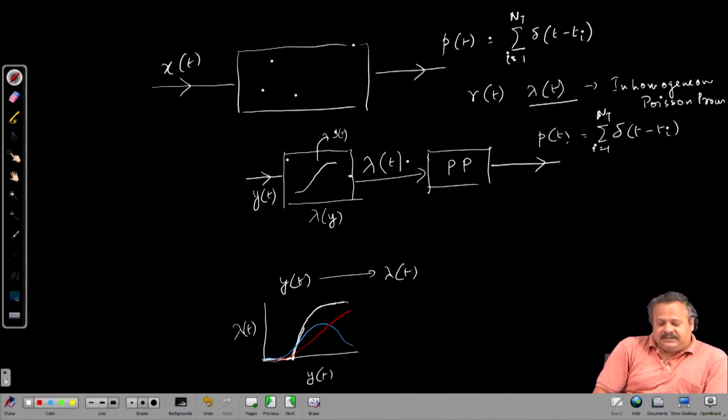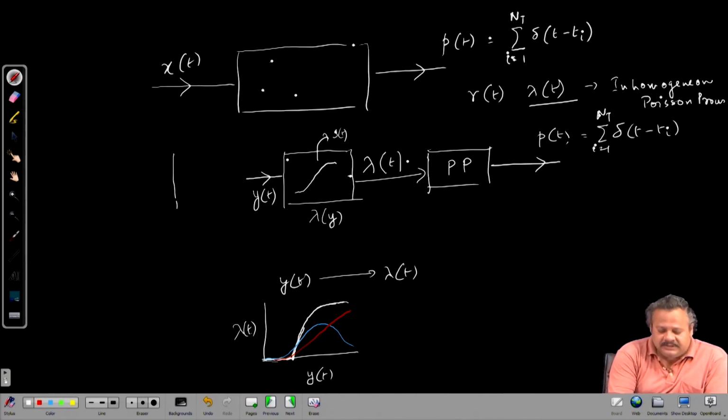Now, the question is whether, before yt, the transformation from xt to the membrane potential yt, can we represent that as a linear time invariant system?